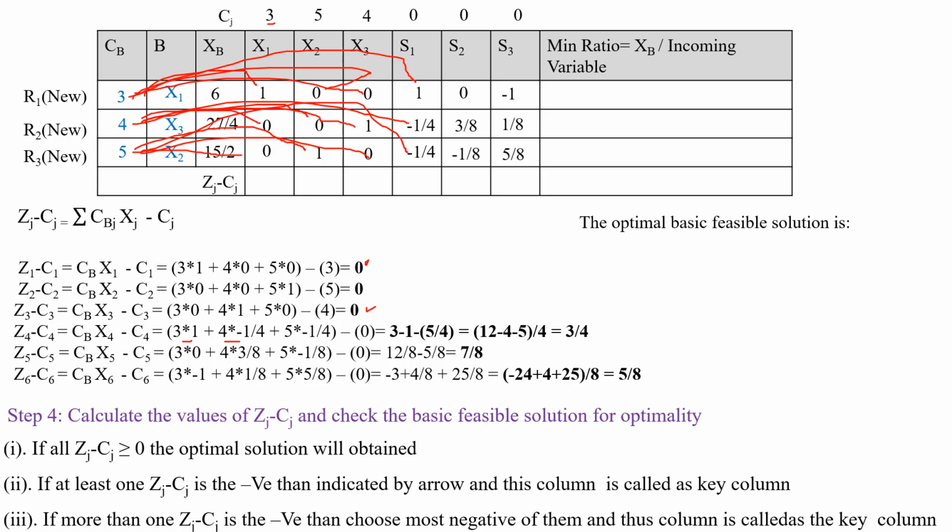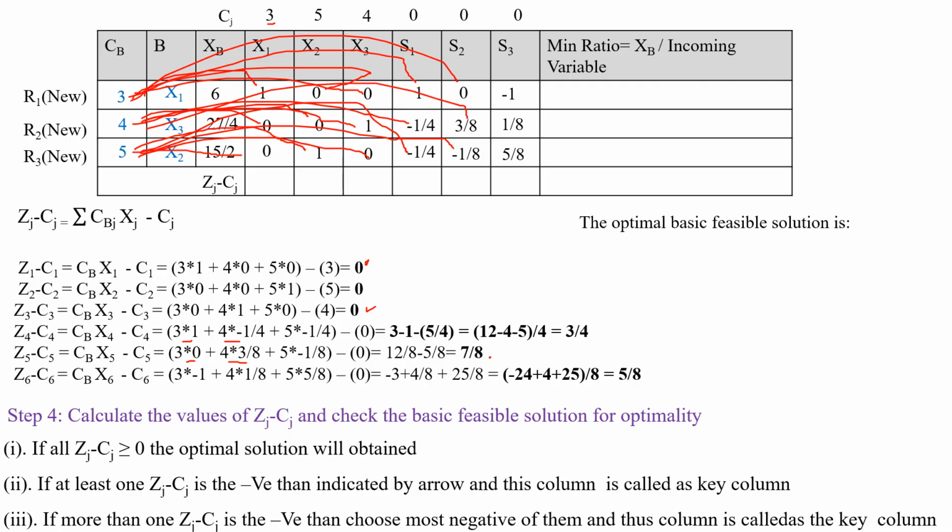So next one is 3 into 0 plus 4 into 3 by 8 plus 5 into minus 1 by 8 minus 0. So then 3 into 0 is 0, and 4 into 3 by 8 is 12 by 8 plus 5 into minus 1 by 8, it is minus 5 by 8. So 12 by 8 minus 5 by 8, then the value is 7 by 8.